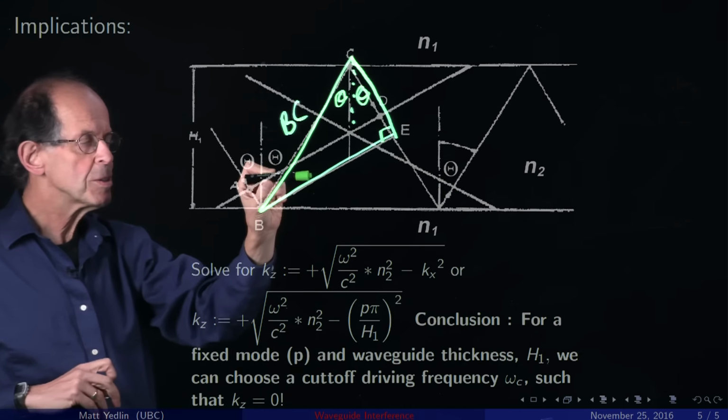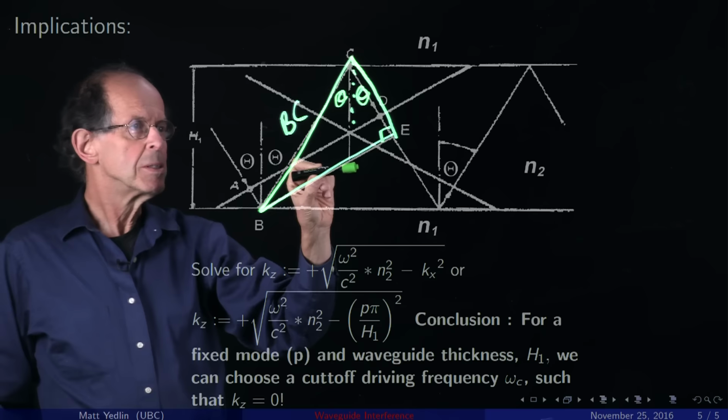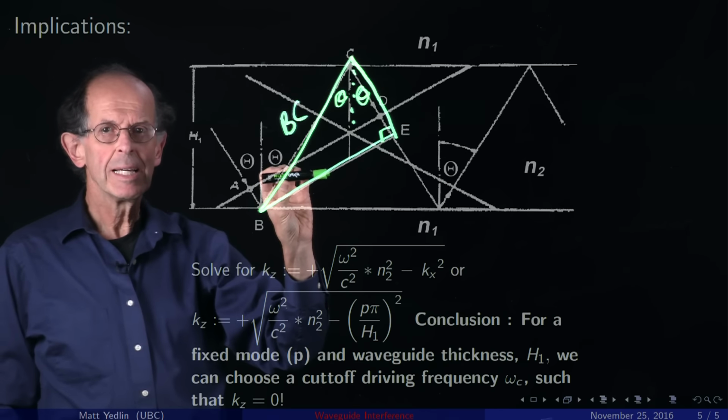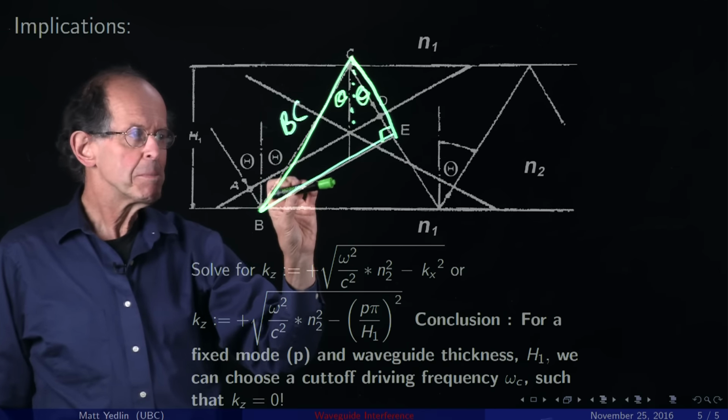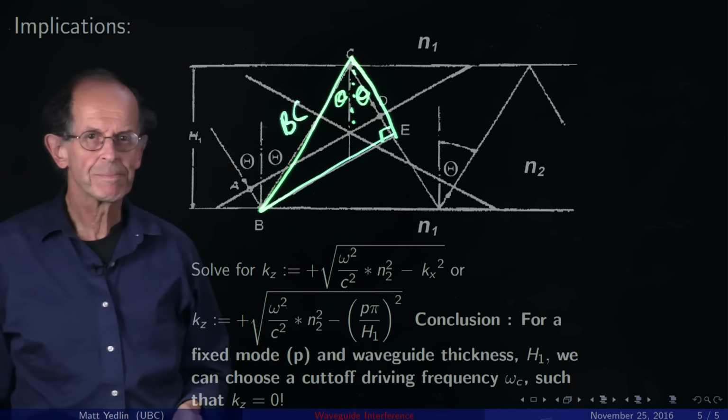I noticed that I picked the positive sign of the square root. Now, look at kz. As long as kz is greater than 0, that means we have movement of energy down the guide.